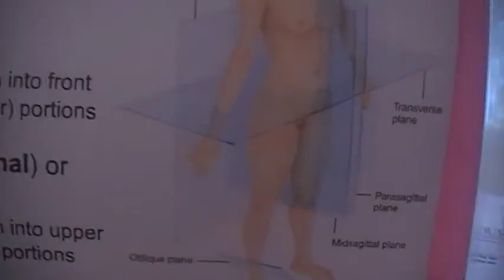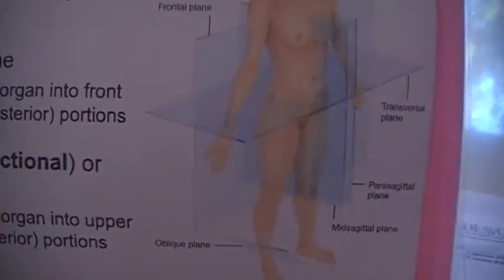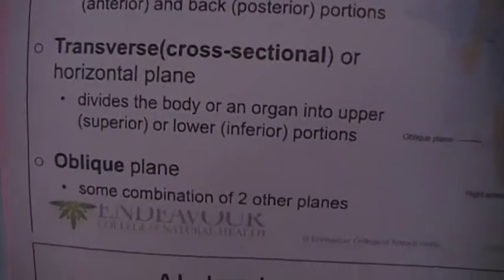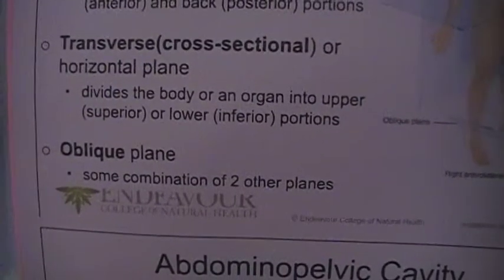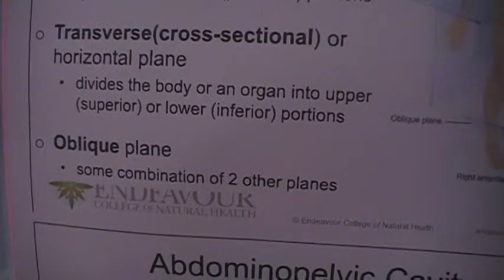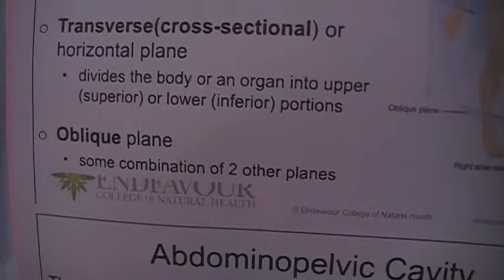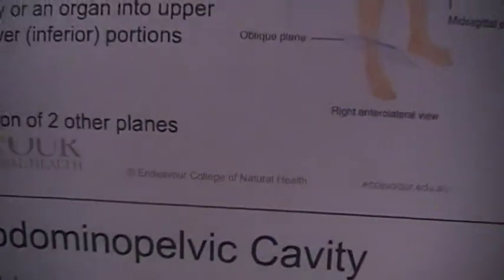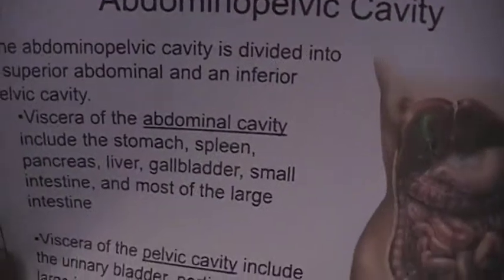The frontal plane divides the body into front and back portions. The transverse or horizontal plane divides the organ into upper and lower. The oblique is some combination of the other two planes.